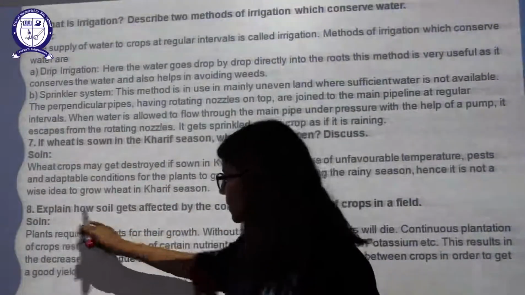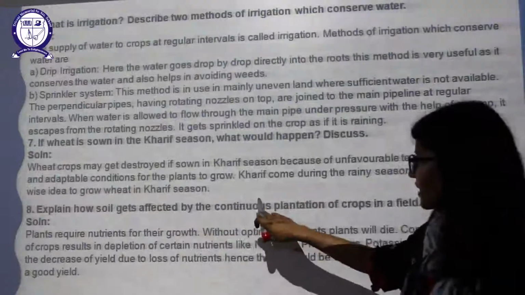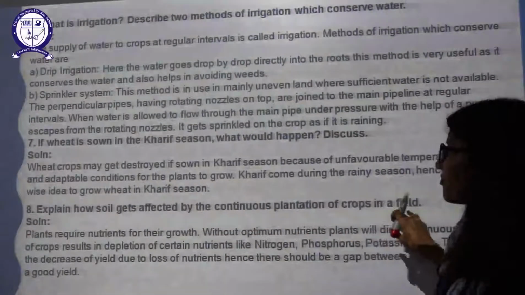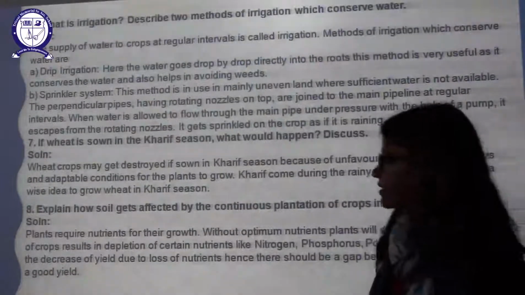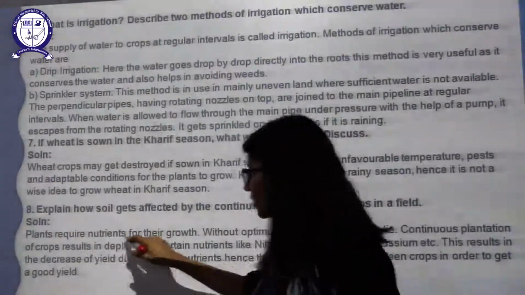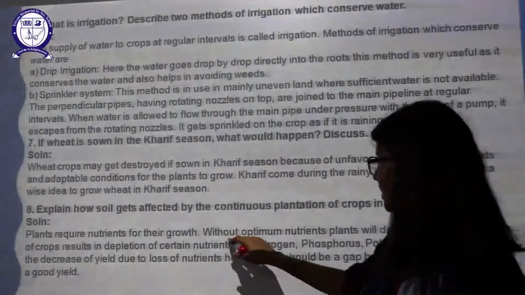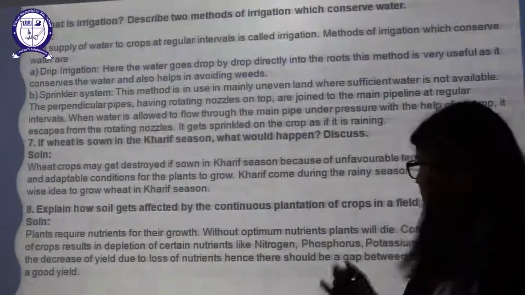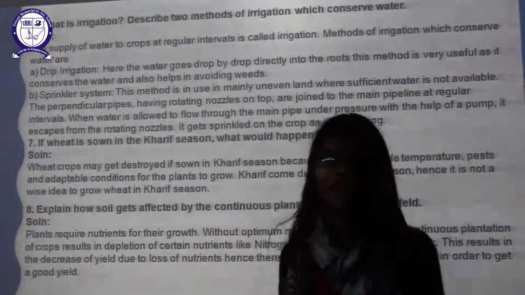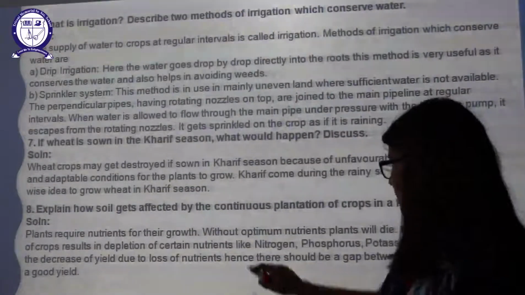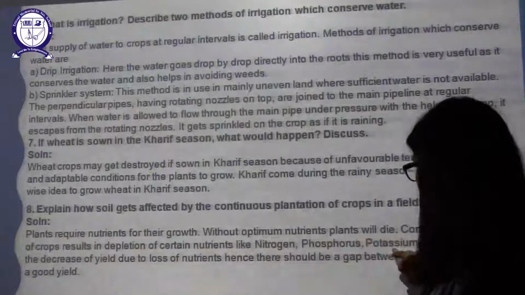Next question: explain how soil gets affected by the continuous plantation of crops in a field. Firstly, we just discussed that plants require nutrients for their growth. Without optimum nutrients, they will not grow. Continuous plantation will result in depletion of nutrients, like nitrogen, phosphorus, and potassium.